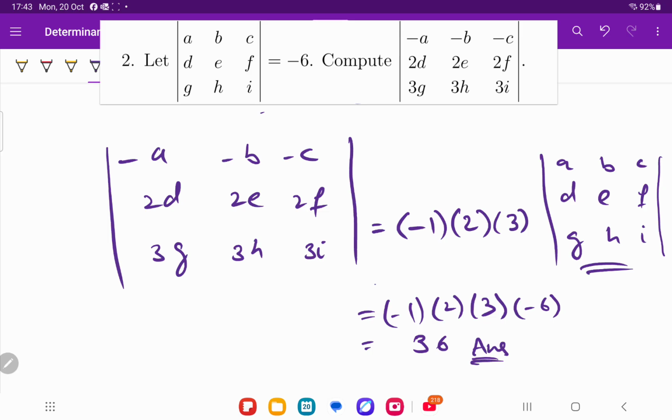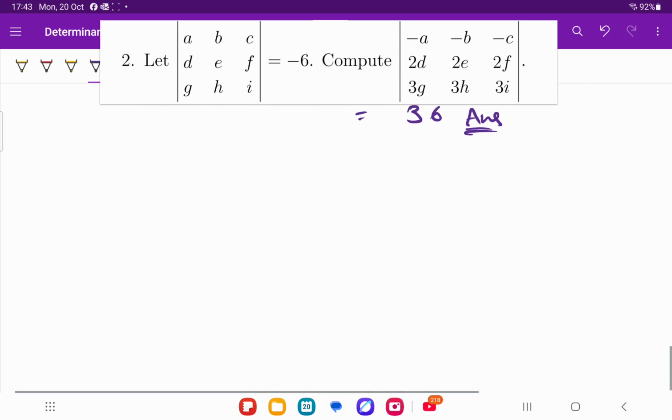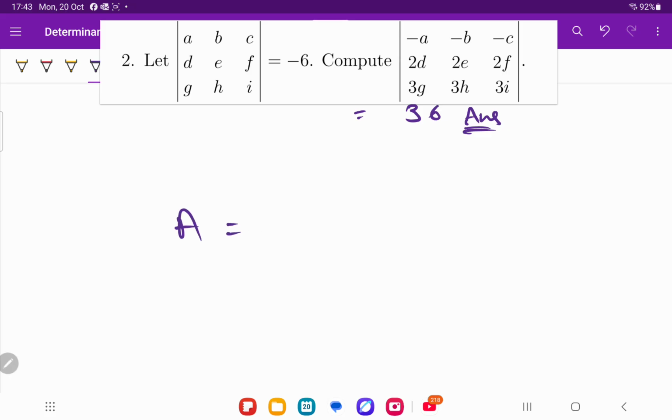Okay. So in determinants, let me tell you one of the properties. For example, let me tell you the difference between the matrix and the determinant.